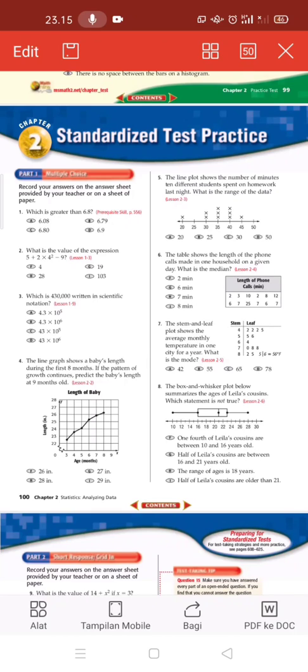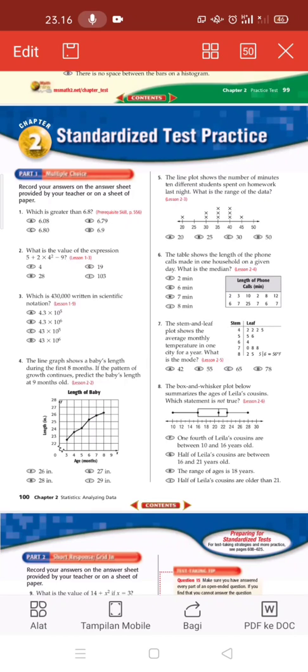A. 4.3 times 10^5. B. 4.3 times 10^6. C. 43 times 10^5. D. 43 times 10^6.